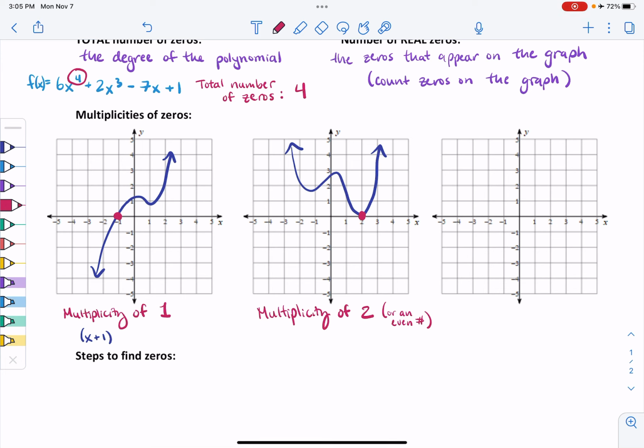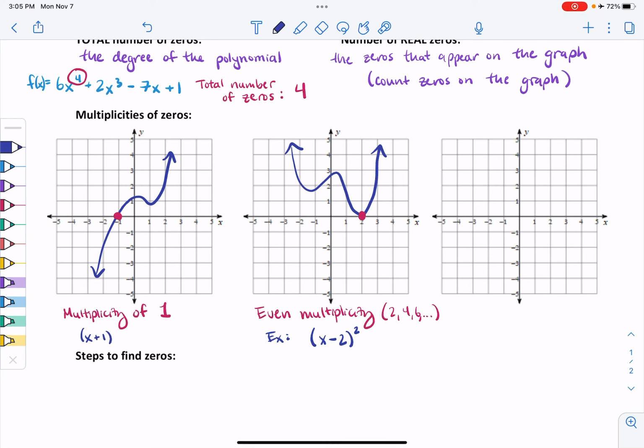It could be 4, it could be 6, it could be 8. If we're identifying off a graph, you can just say even, okay? So even multiplicity is going to be 2, 4, 6, etc. And let's say that this one's related factor is x minus 2. It could be raised to the second power, for example.